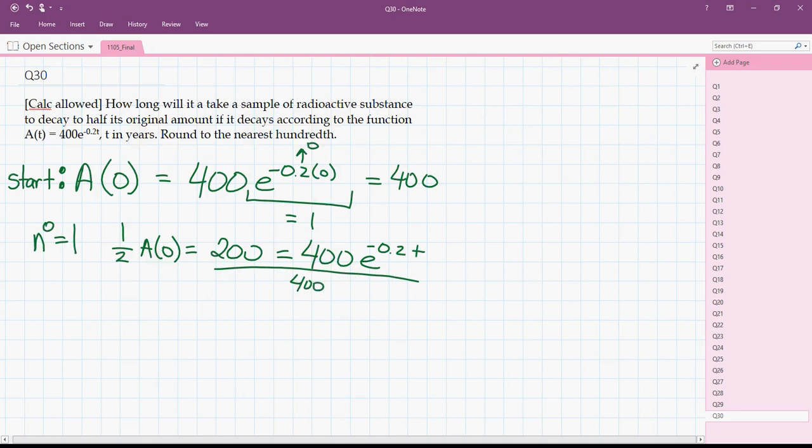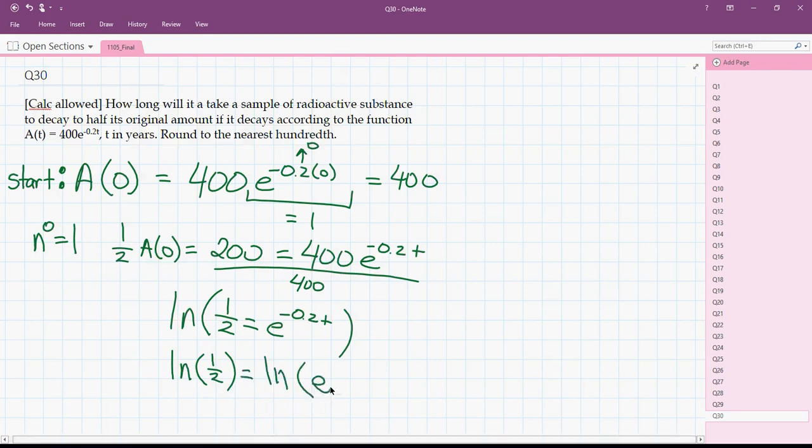On this side, we get 200 over 400, which equals a half. 400 over 400 cancels, and on this side, we're just left with e to the negative 0.2t. We want to isolate the t in the exponent, so we're going to take the logarithm of both sides. So we have that ln of 1/2 is equal to the ln of e to the minus 0.2t.